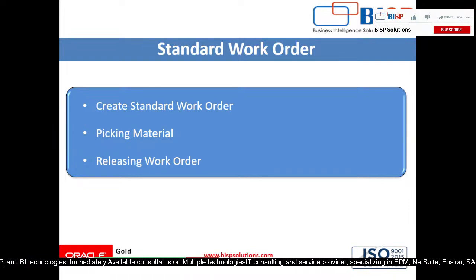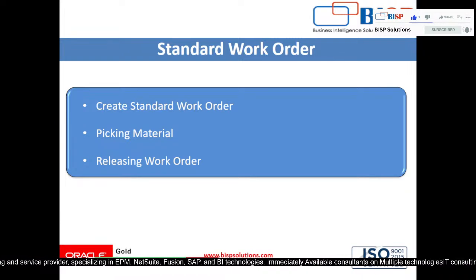Under the work definition, we define some resources and some operations. The work definition name and version are based on the item details and the date specified on the work order, right?